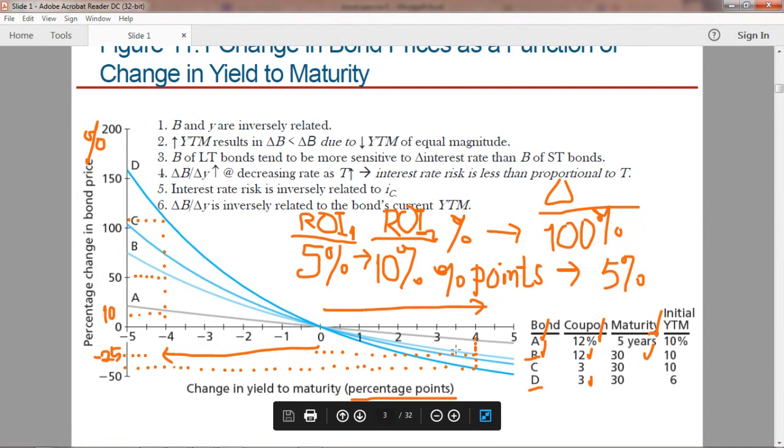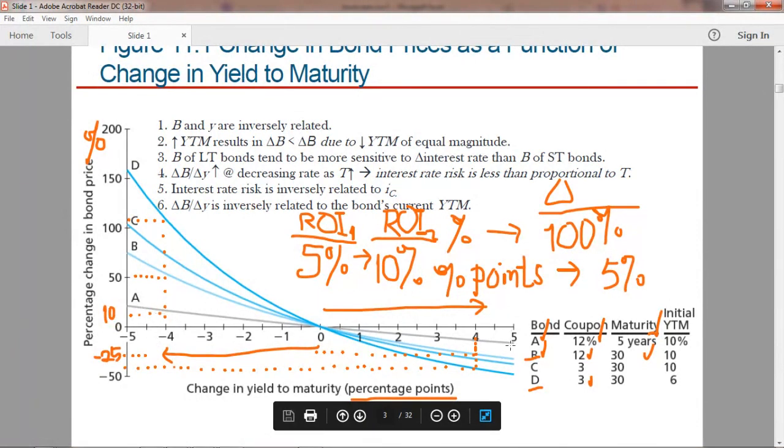So the change in bond price with respect to the change in yield is almost symmetrical.